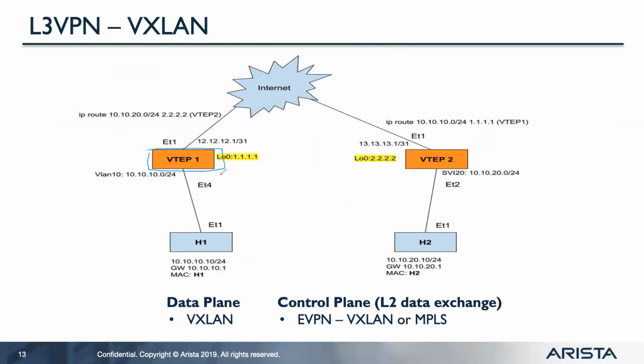You can consider this as our Bangalore office VTEP, and this is in HQ. This subnet is 10.10.10.0/24, and this is 10.10.20.0/24, and we have hosts in those subnets locally.